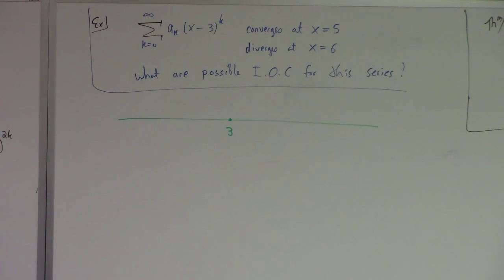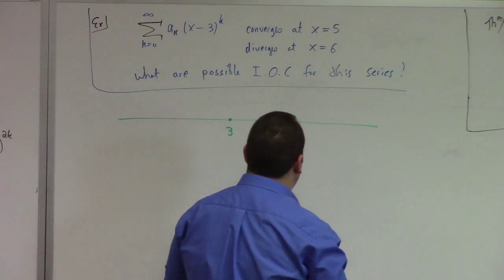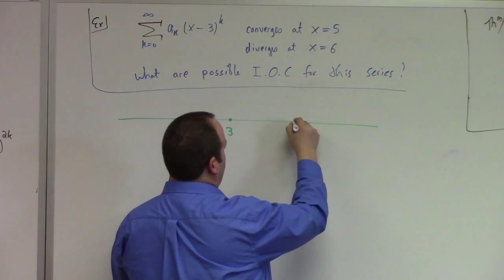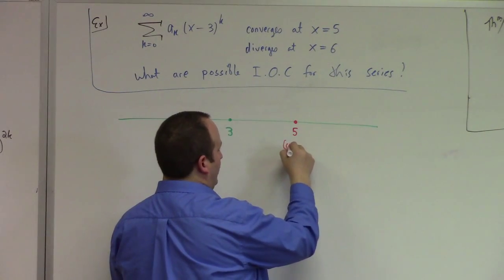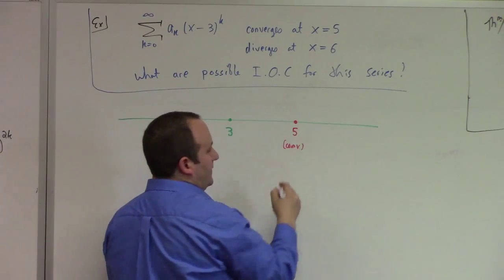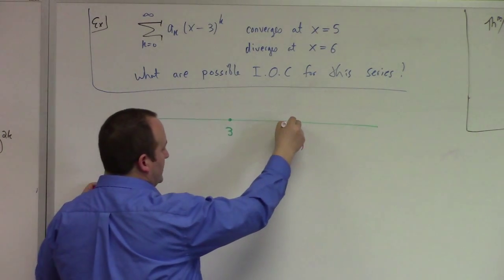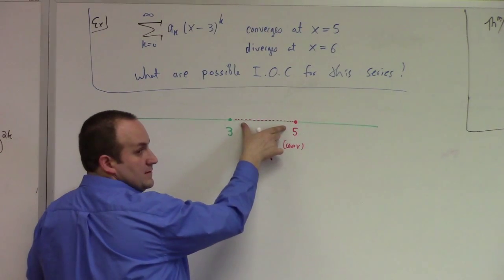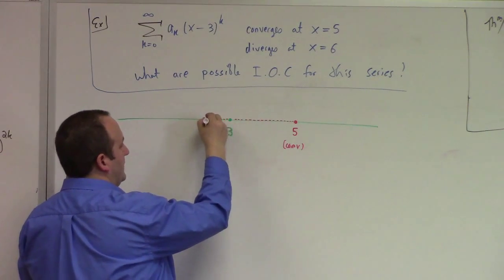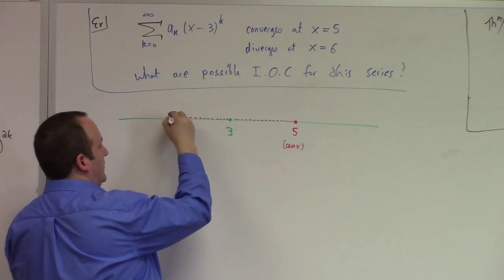It converges at 5. That's here, let's say. If it converges there, that means we have absolute convergence. How far is that from the center? That's 2. So I go all the way over here to 1.